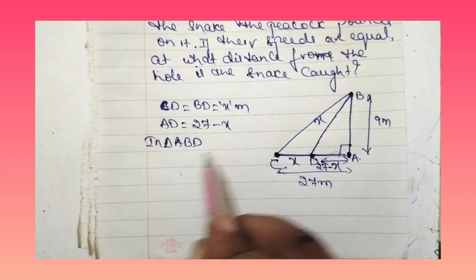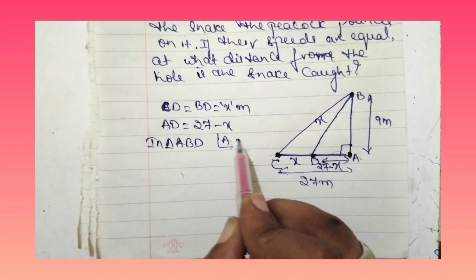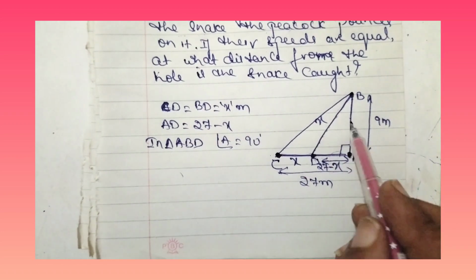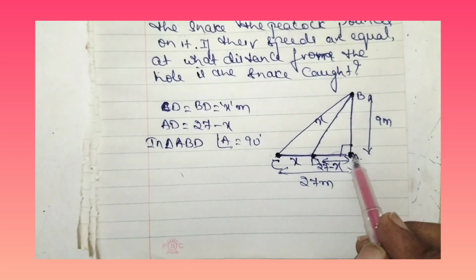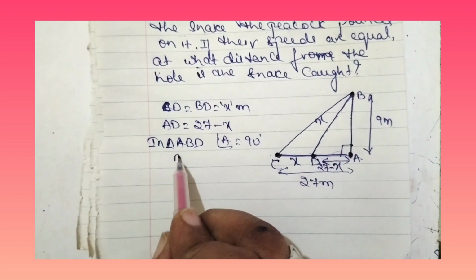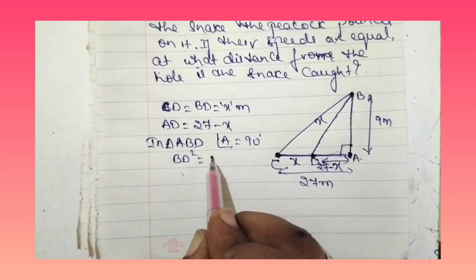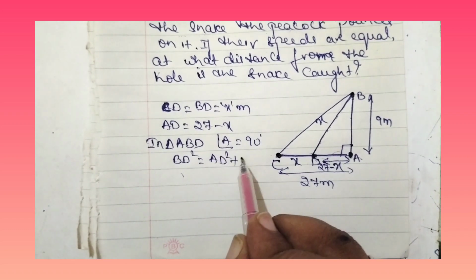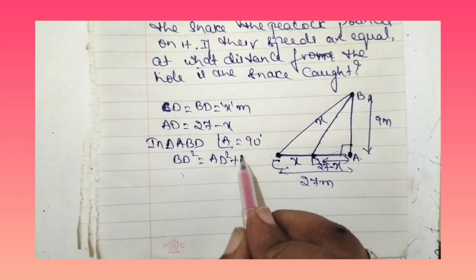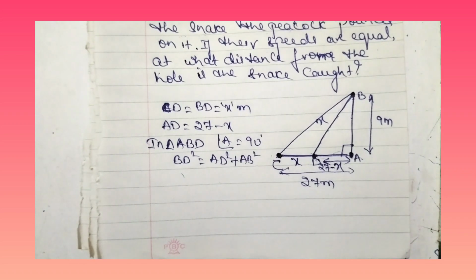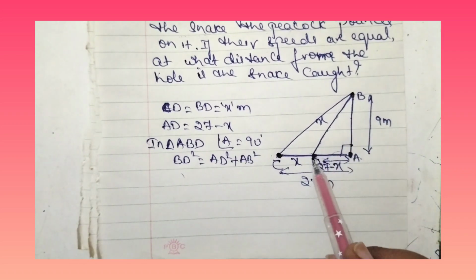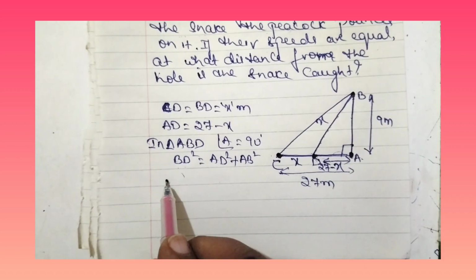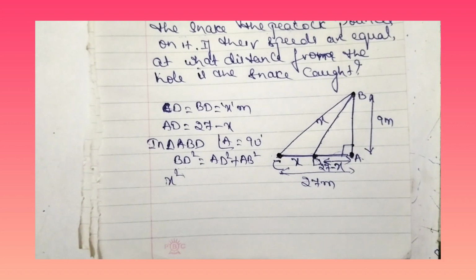So in triangle ABD, angle A is equal to 90 degree. You apply Pythagoras theorem. So BD square is the hypotenuse. So BD square is equal to AD square plus AB square. So what is the measurement of BD square? It is x square.